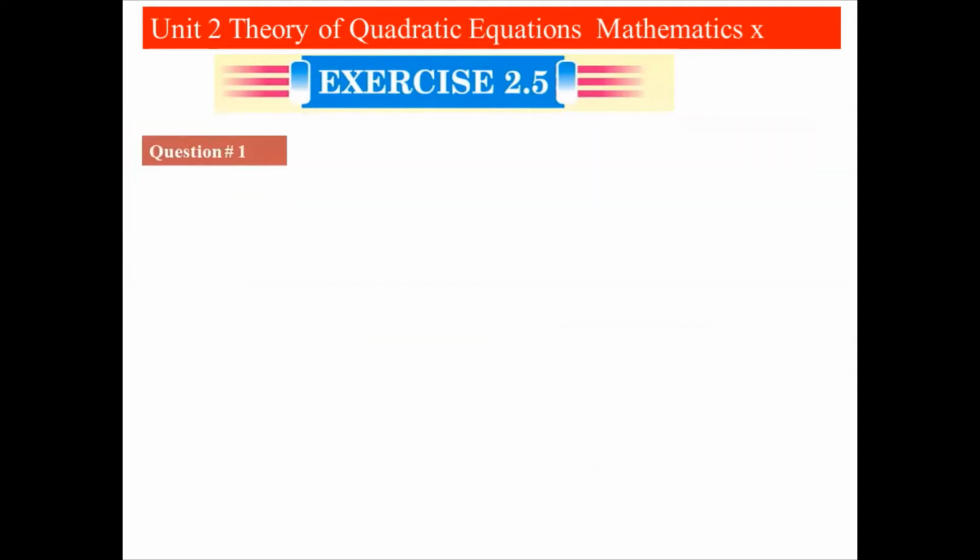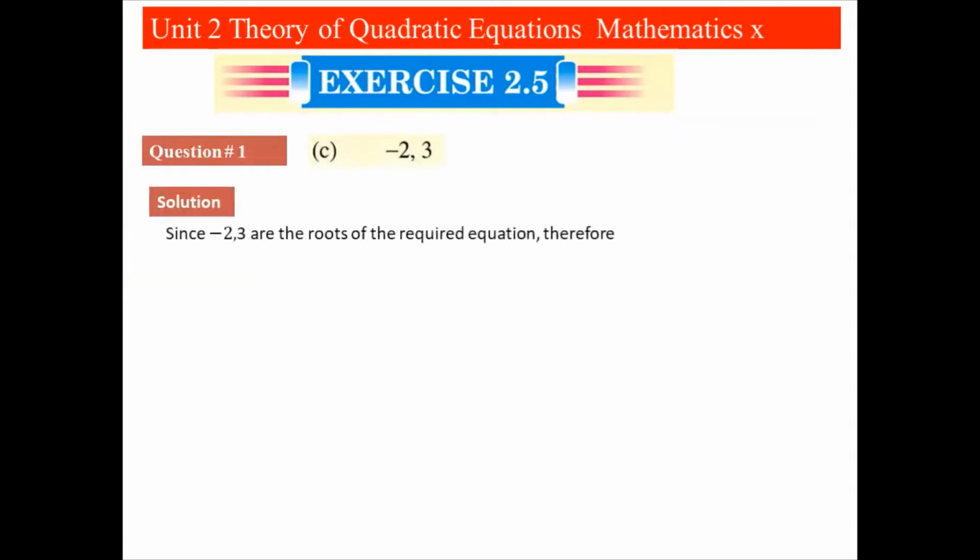Question 1, part C, minus 2 and 3. Solution. Since minus 2 and 3 are the roots of the required equation, therefore sum of the roots s is equal to minus 2 plus 3 is equal to 1, and product of the roots p is equal to minus 2 times 3, which is equal to minus 6.